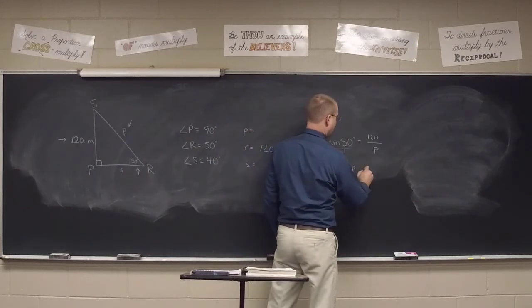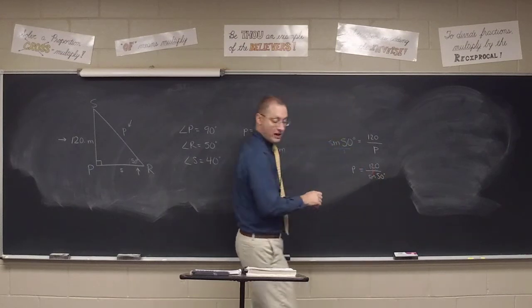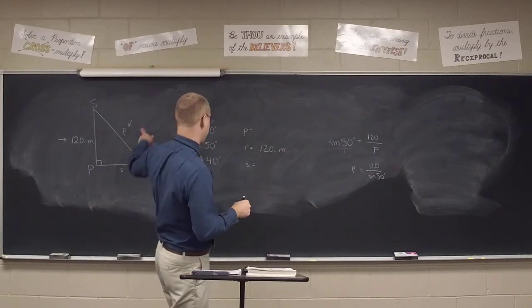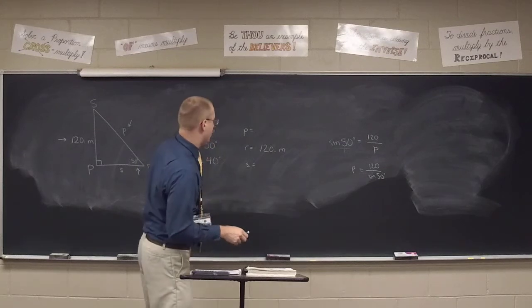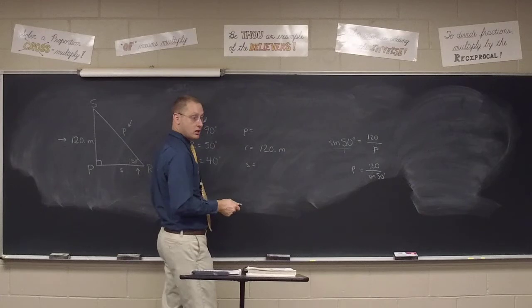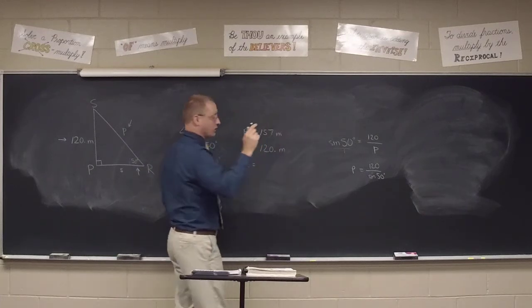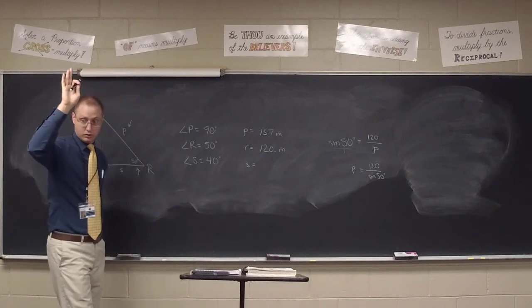So that's going to be P is equal to 120 over the sine of 50. And we'll simply divide to get what for the side P, the hypotenuse? 156.64, blah, blah, blah. How many sig figs? 3, rounded off to 157 meters for side P, the hypotenuse.